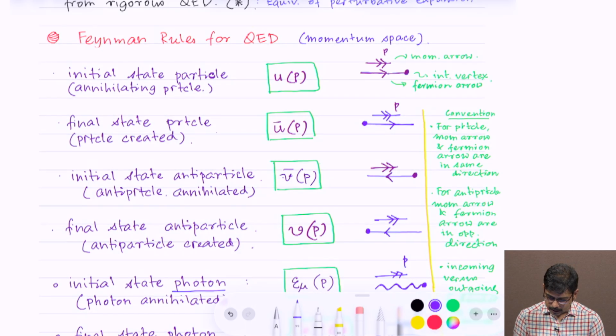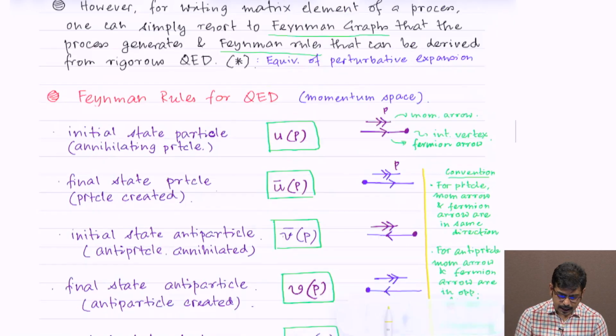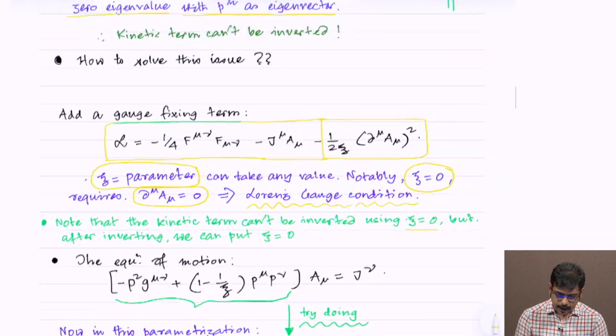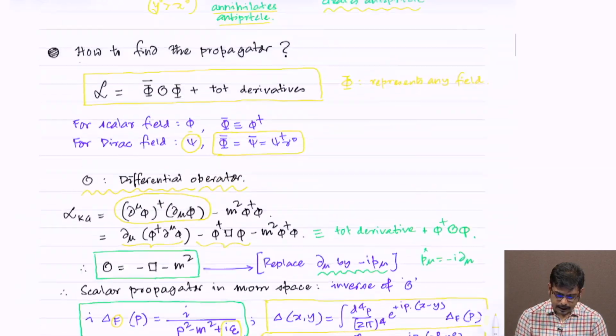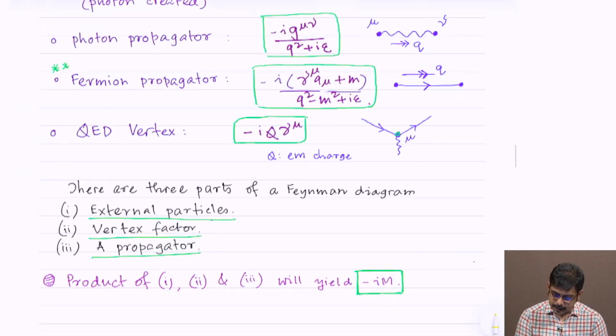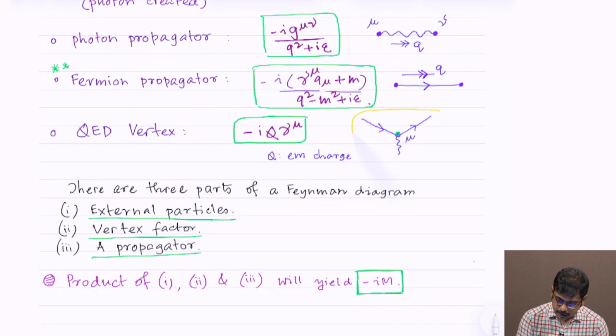This is what we did last time, and the first thing we have seen is that QED predicts an interaction term. If you see this graph, this is the interaction, and we take out the vertex factor from this.